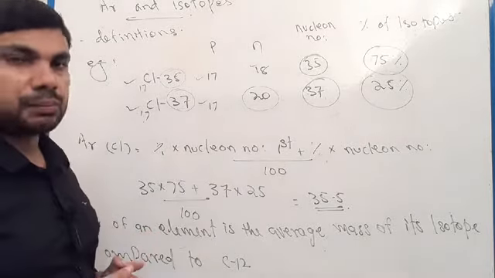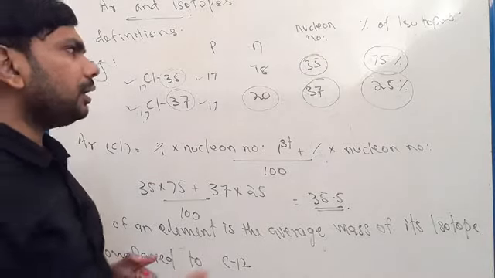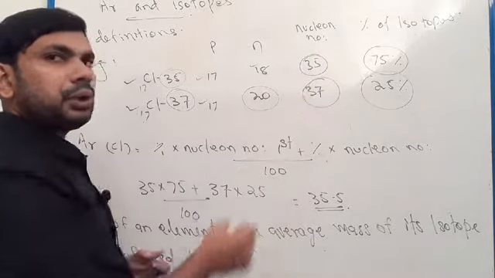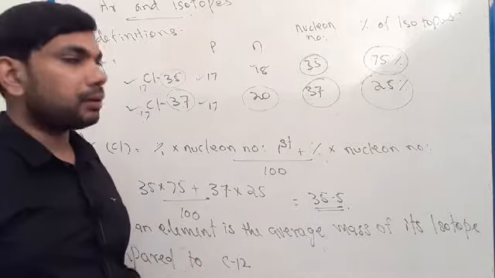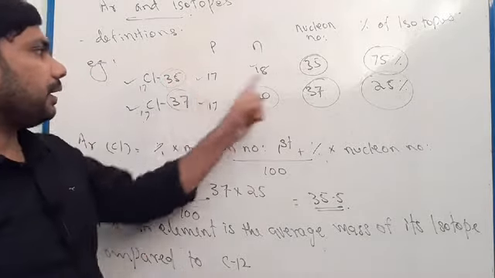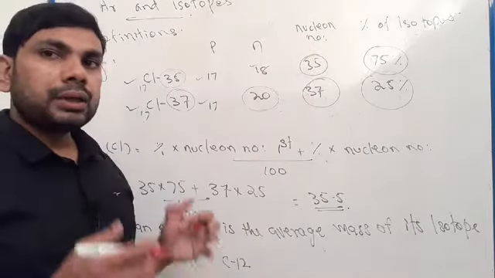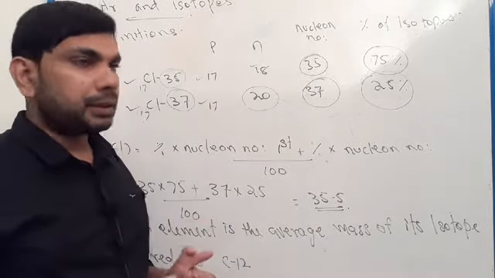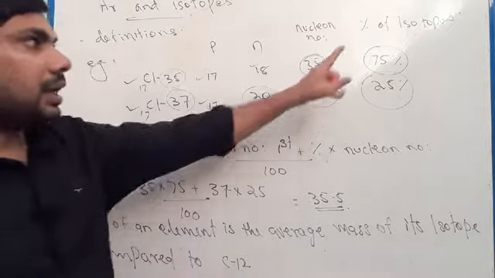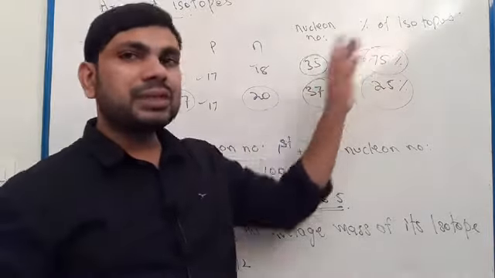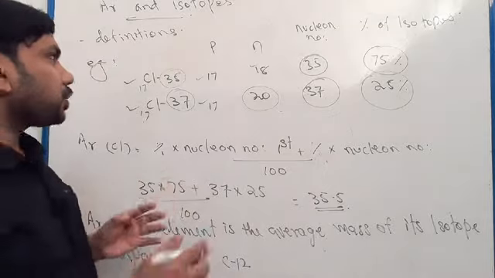This is isotopes. Nucleon number means mass number: mass number 35, mass number 37. Last, the percentage of each isotope in nature.